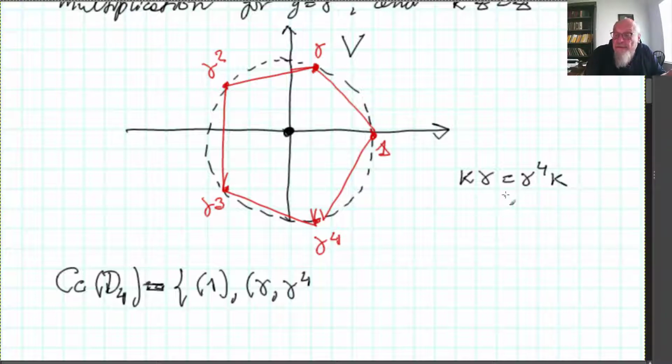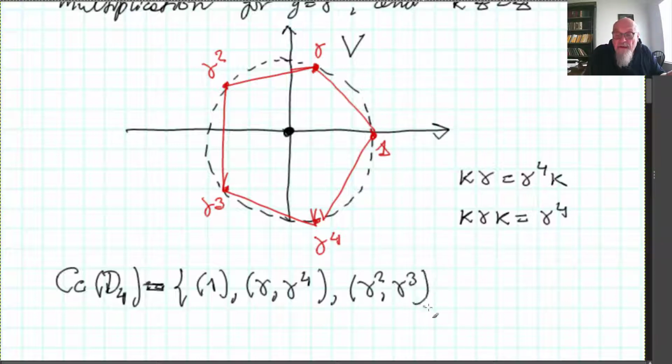So look what happens if you take gamma: kappa gamma kappa is equal to exactly gamma 4. So these two elements are conjugated. And then also we have gamma squared and gamma 3 by the same reason.